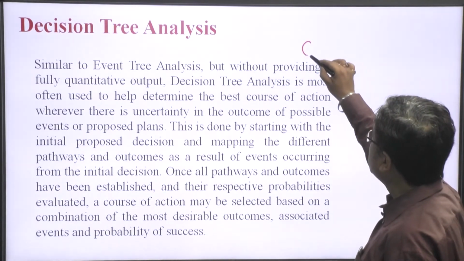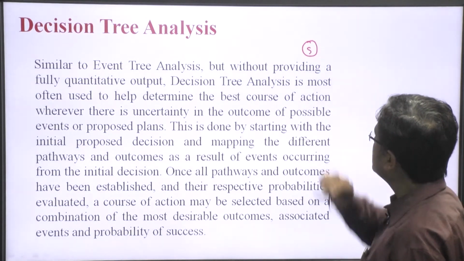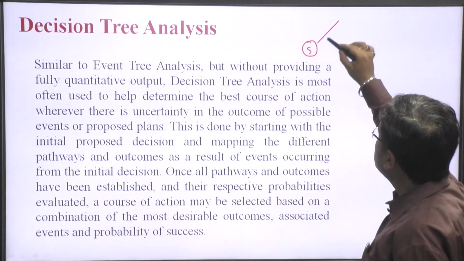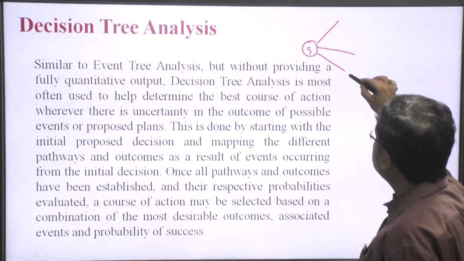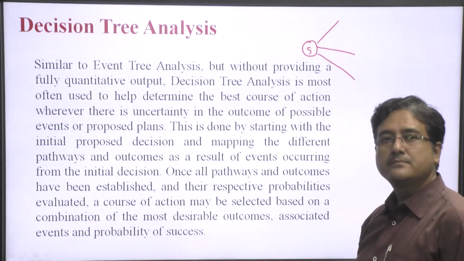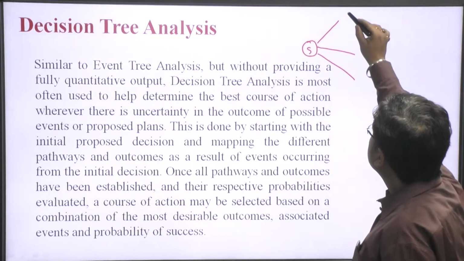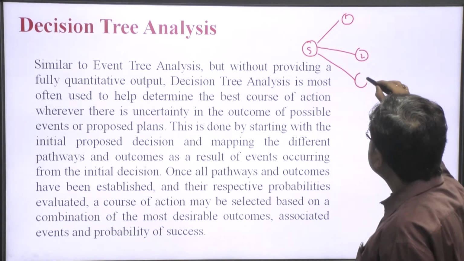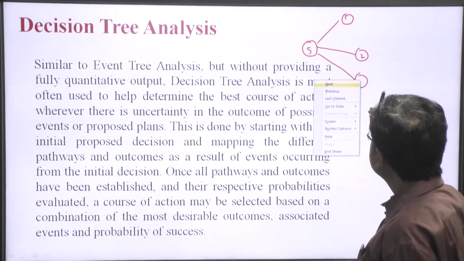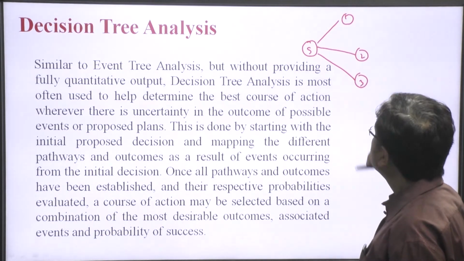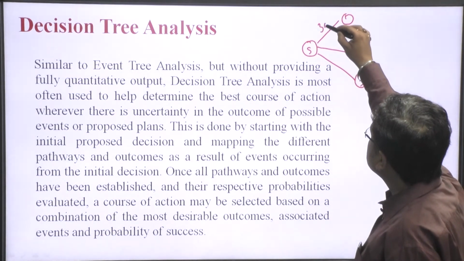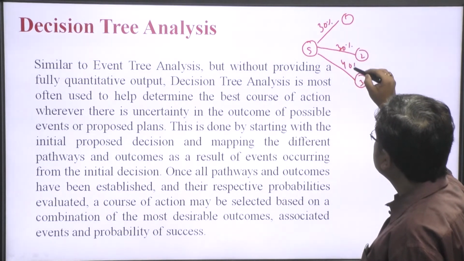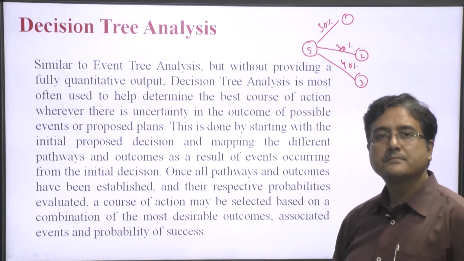Look, this is our starting event. Now, we have three probabilities or three events, 1, 2 and 3. The probabilities are 30%, 30%, 40% probability of occurrence.